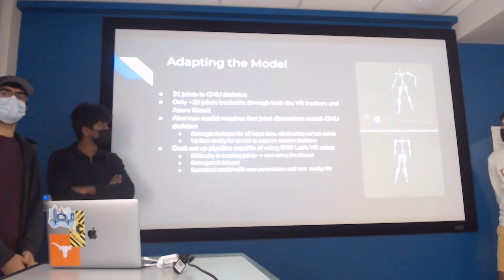So we've already talked about how the Aberman model works, and the way it works is it uses an existing data set, the CMU motion capture data set. But there's a key difference between that data set and the data we have at our lab here at UT. Primarily, the CMU mocap data set has over 30 joints in its skeleton, whereas both in the VR trackers and the Azure Kinect, we only have access to around 20 joints.